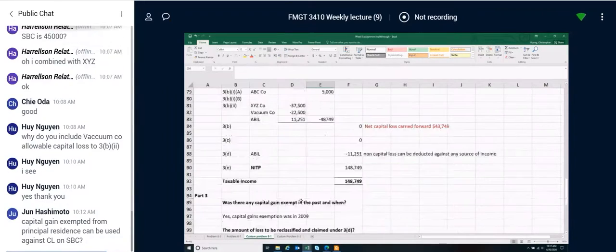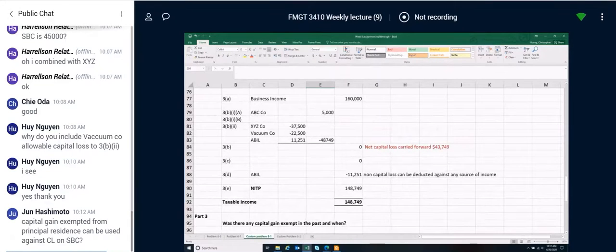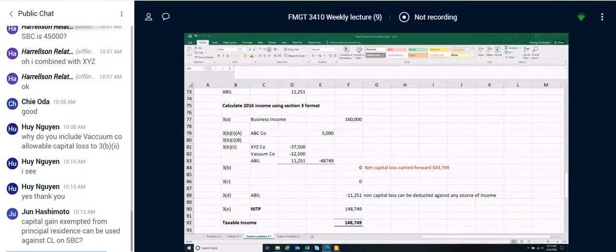It's part 2. What would change if instead of 2009, it was 1989? The key thing here is that June has a principal residence in SBC.